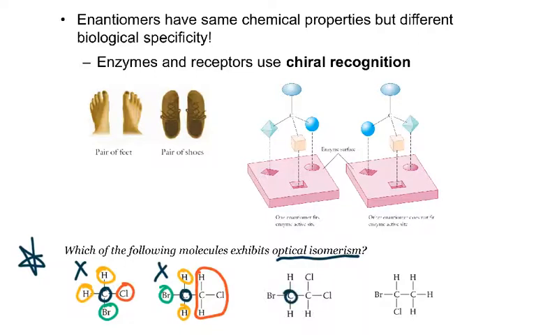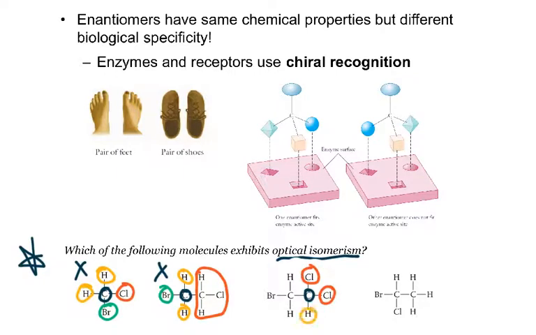Okay, next one. Let's do this carbon here. If we look at this carbon, it's got a bromine, and it's got this big old cluster of stuff here. And it's got a hydrogen and a hydrogen. That's not 4 different things. Okay, but let's try the other carbon. Maybe the other carbon is chiral. It's got a chlorine, and another chlorine.